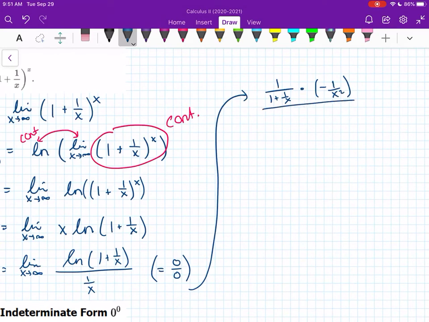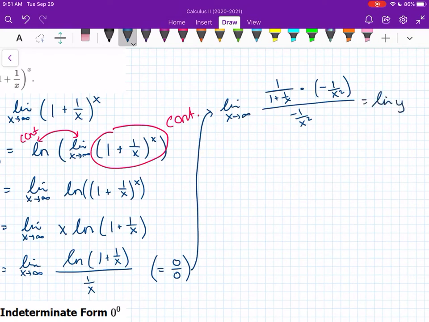And then my denominator is going to be the derivative of 1 over x, which is negative 1 over x squared. Okay, and we still have our limit in the front. Oh, forgot that part. So we're still taking the limit as x approaches infinity of this.